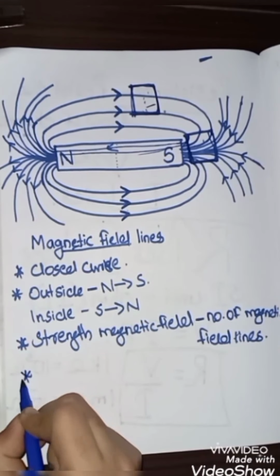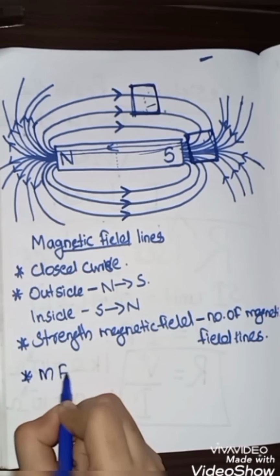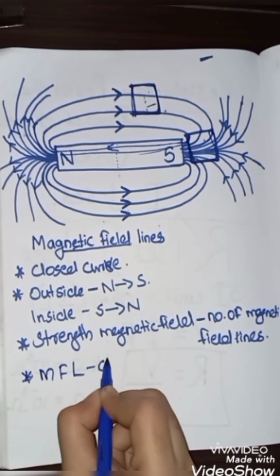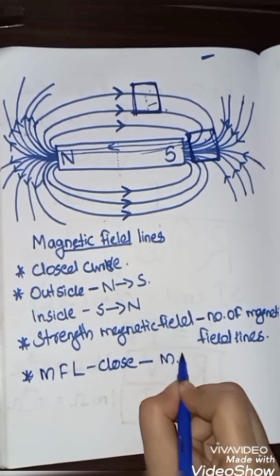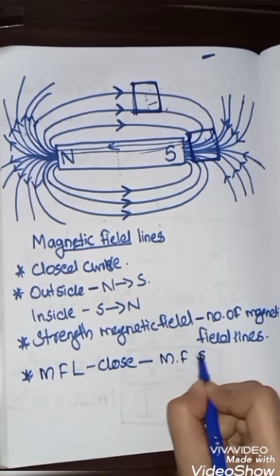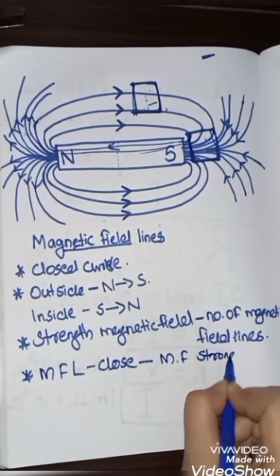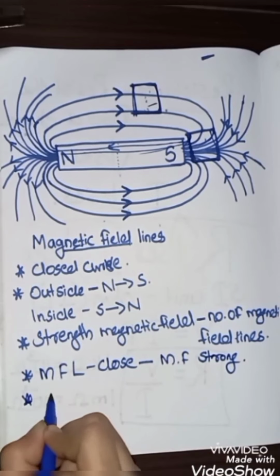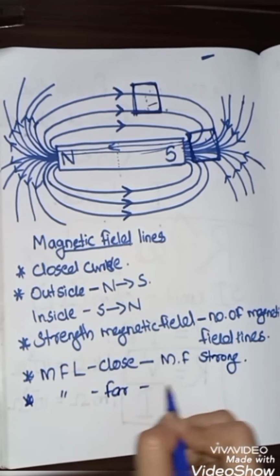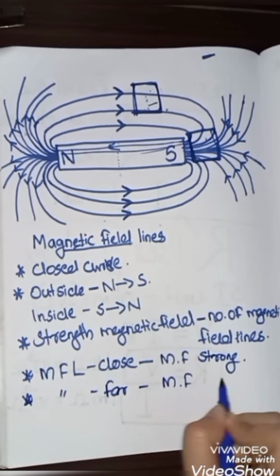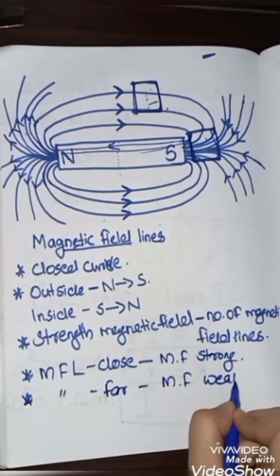When magnetic field lines are close to each other, the magnetic field will be very strong. When magnetic field lines are very far apart, the magnetic field will be very weak.